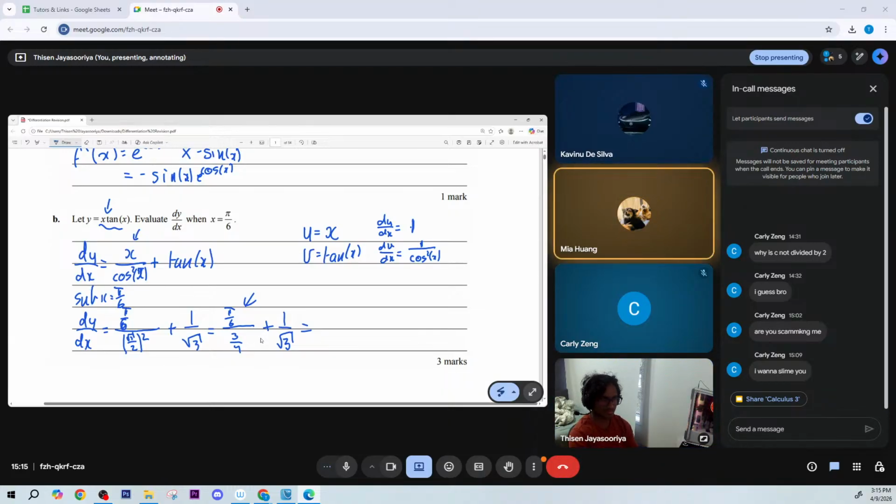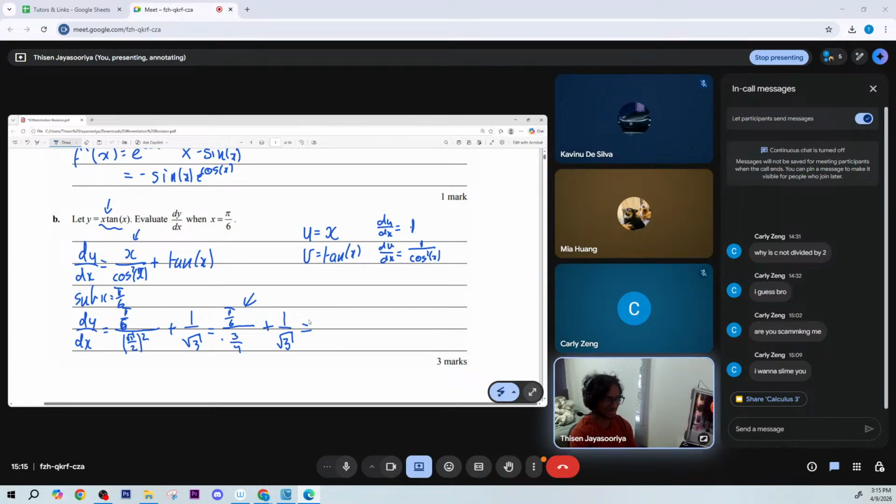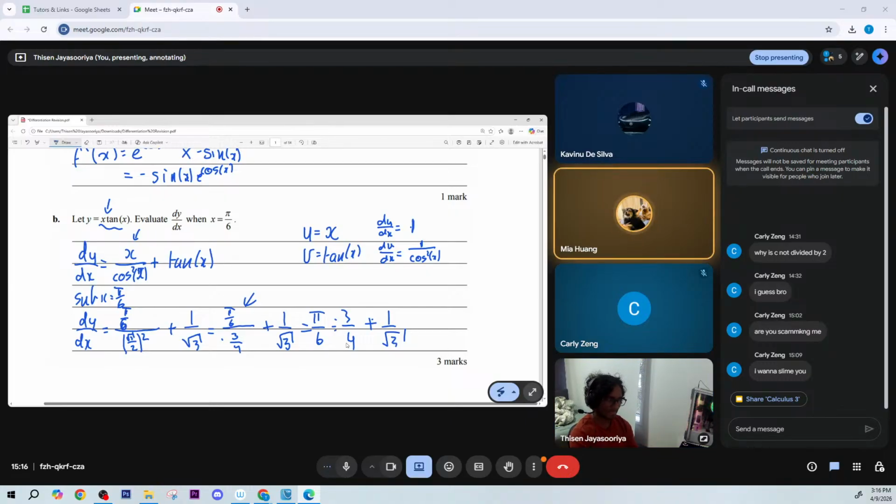So here, this becomes pi on 6 divided by 3 on 4 plus 1 on root 3. How can we actually use this? Flip it. Yeah, flip it. So we can flip it.